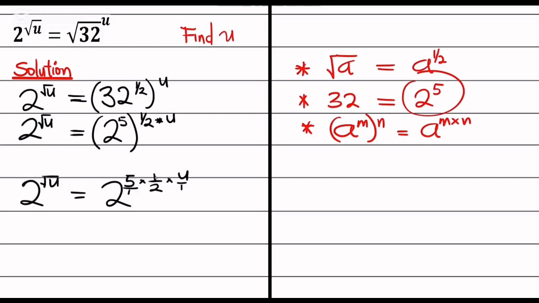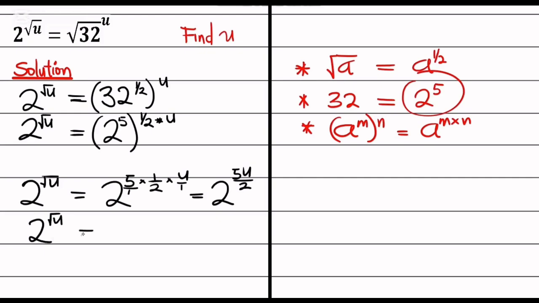This 5 multiplied by this 1 multiplied by this u is going to be 5u at the level of the numerator. Then at the level of the denominator, I have 1 multiplied by 2 multiplied by 1, that is 5u over 2. So I can rewrite and say 2 now is raised to the power of 5u over 2.